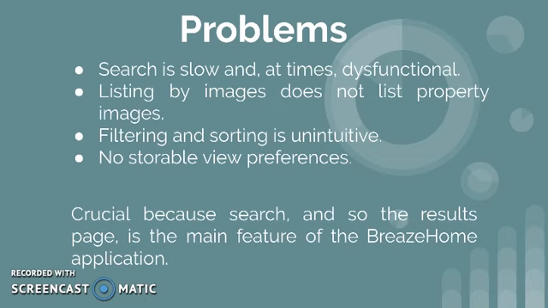It's unappealing to user experiences. And the current view pane doesn't give you any customization preferences really, and not any preferences that could be stored either. This feature, I think, is crucial because given that Breeze Home is a real estate search application, the search and so the results page is a main space of the entire application.